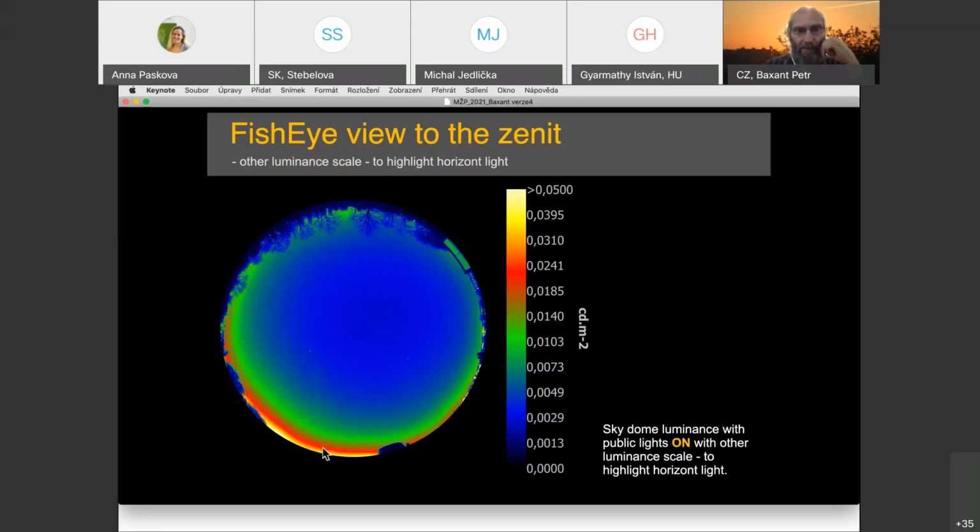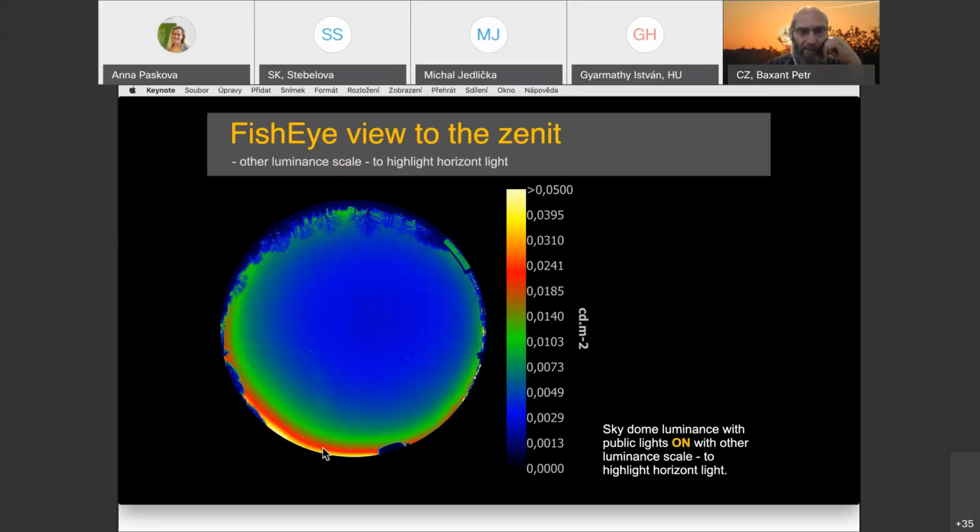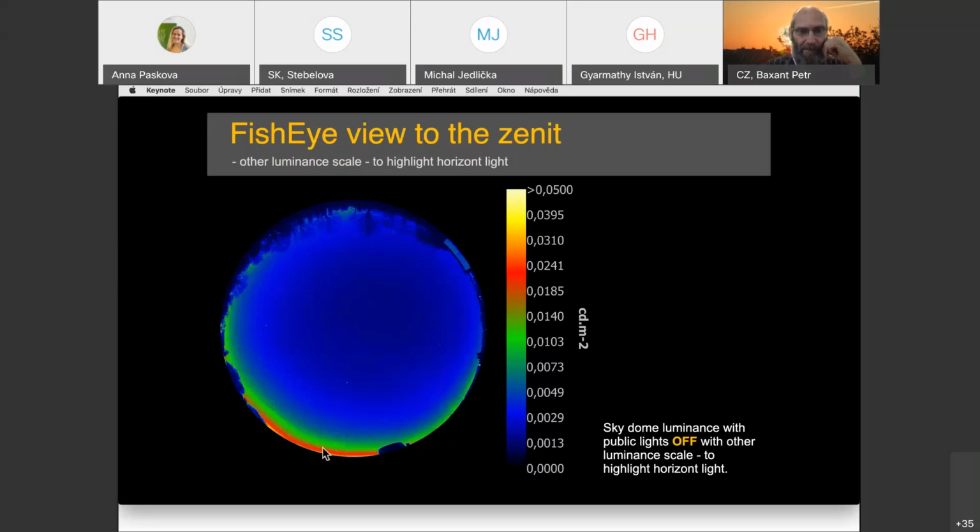And also we can compare the situation when the public light is on and public light is off. So there is an obvious difference between the lights on and lights off. And also we can obtain the numbers from this.